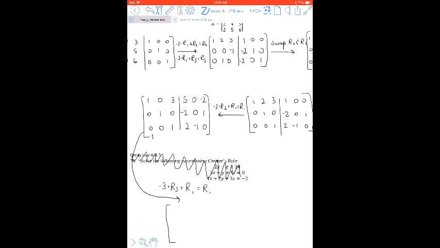So right here, that's -3 times 0. 0 plus 1 is 1. And then right here, -3 times 0 is 0. 0 plus 0 is 0. And then right here, -3 times 1 is -3. -3 plus 3 is 0. Now right here, -3 times 2 is -6. -6 plus 5 is -1. Here, -3 times -1 is 3. 3 plus 0 is 3.